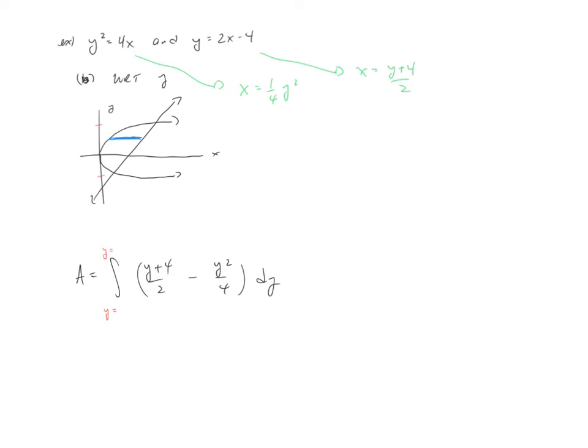Just like the last problem, to find out where the points of intersection are, we'll take both of these and we'll set them equal to one another. So when I do that, that gives me y plus 4 over 2 equals y squared over 4. If I cross multiply, and simplify just a little bit, 2y plus 8 is going to equal y squared.